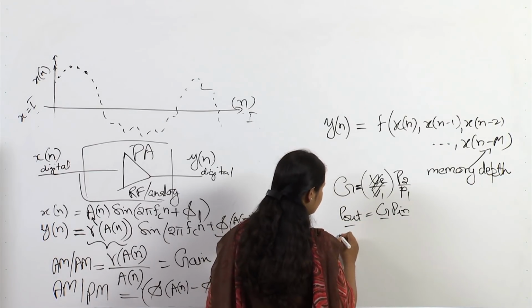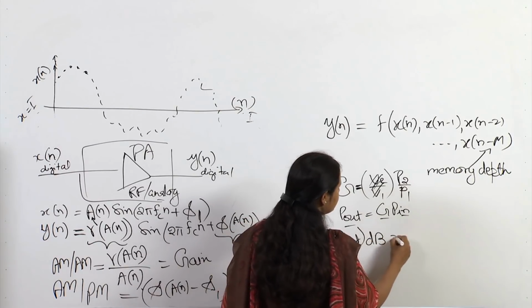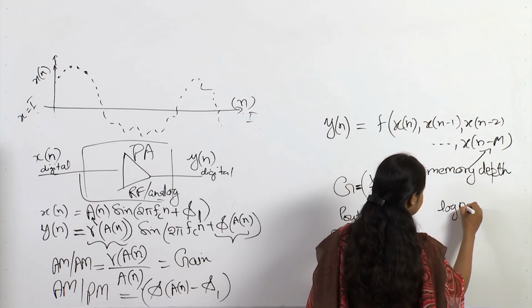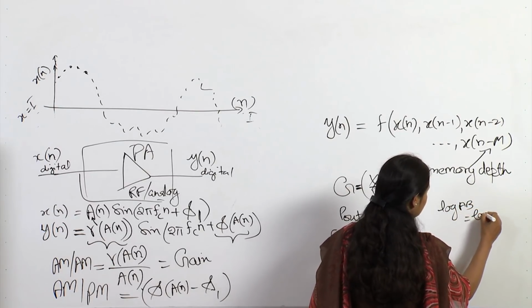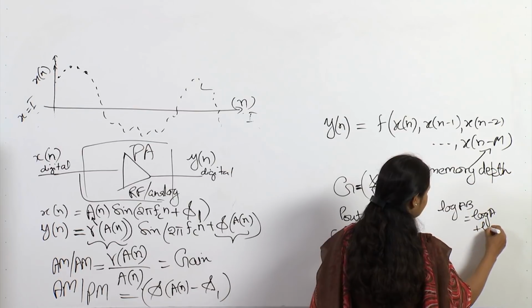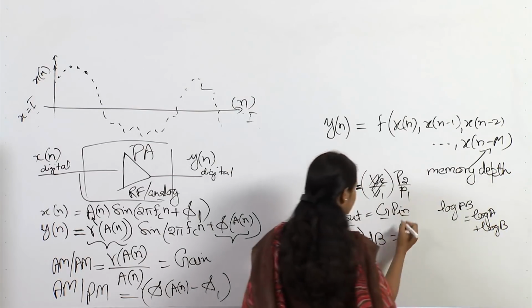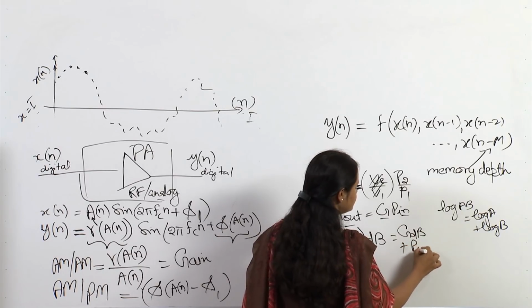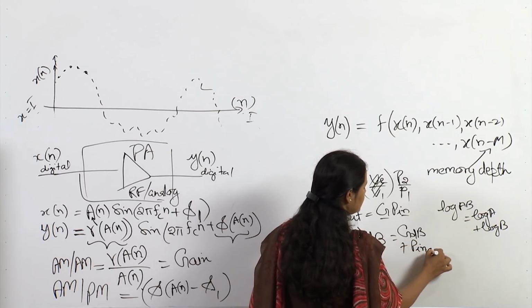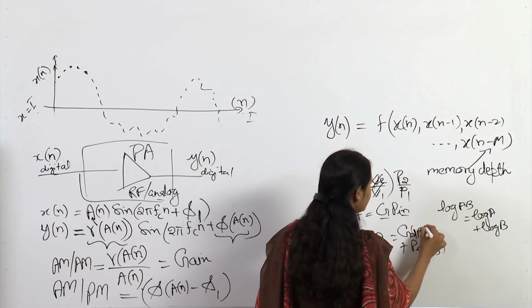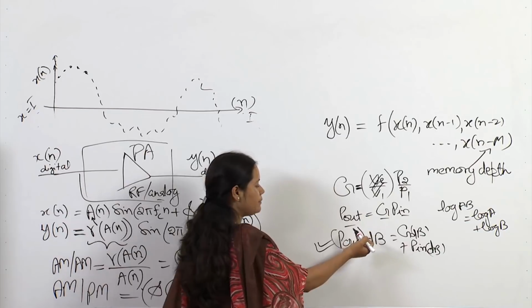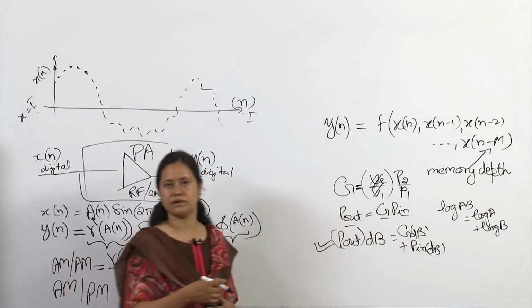If they are in dB, then because a logarithmic expression is log A plus log B, we can simply give it in terms of G dB plus P in dB. Both are logarithmic and they are in summation. So, when we are dealing with the logarithmic scale, the output power is simply the gain plus input power.